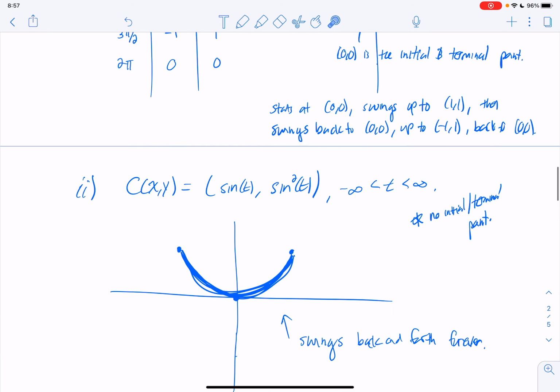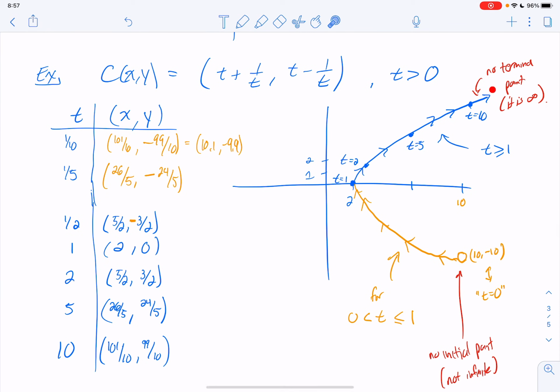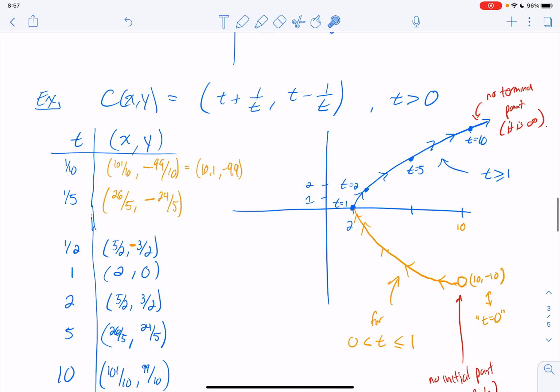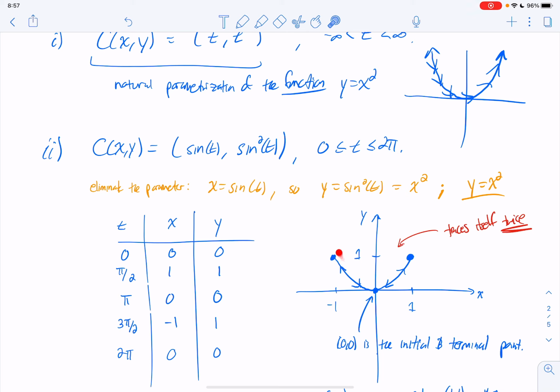And remember that at the end of the day, your initial point or terminal point, or lack thereof, are important in determining direction. And as we saw earlier, it's also important in making sure that you understand how often your curve traces over itself.